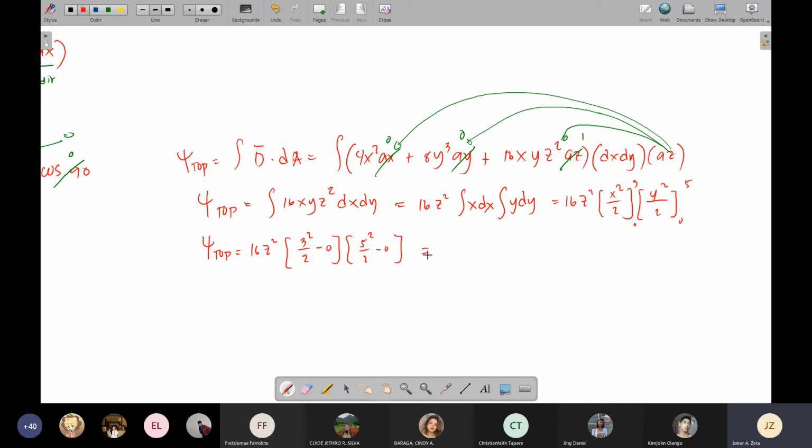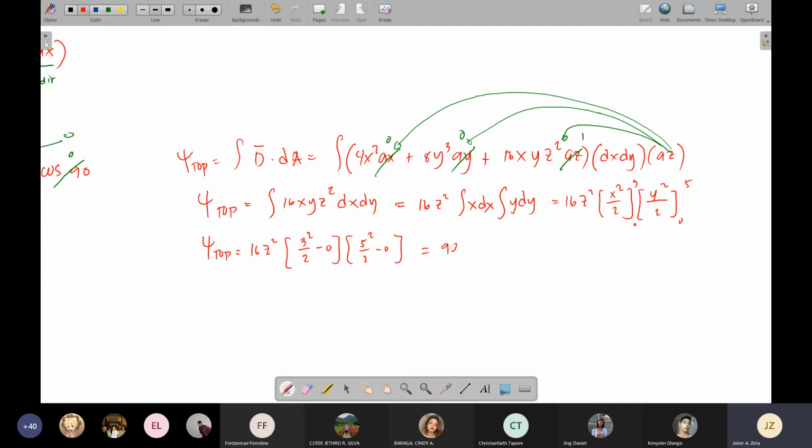Or this is 3 squared over 2 times 5 squared over 2. That is 225 over 4. My goodness, answer: 225 over 4 times 16 is 900.